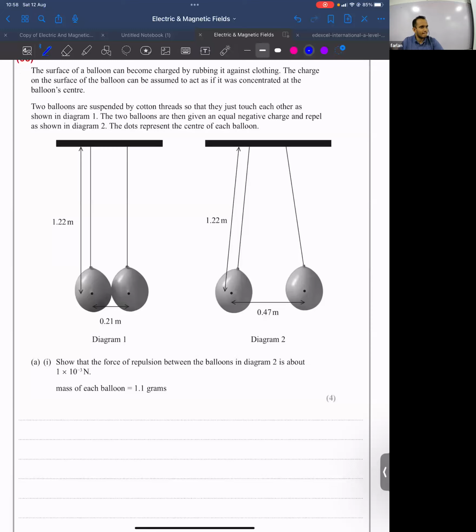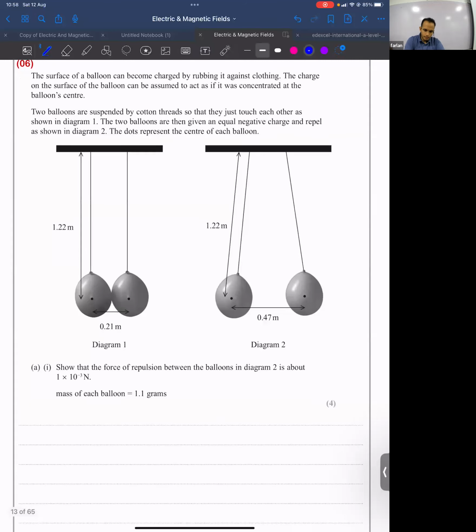Guys, use your common sense and tell me what is the radius of the balloon? 0.21 divided by 2.